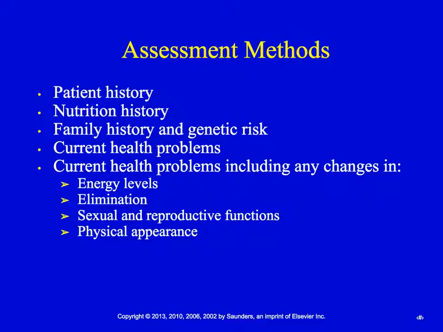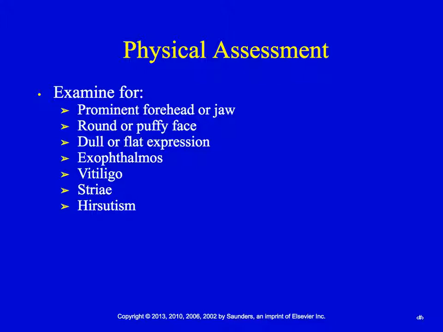Family history, any information about the medical status of family members, can help the healthcare provider determine a possible genetic or hereditary factor that may play a role in their disease. These are some of the physical assessments that occur with an endocrine problem. What I want you to do is become familiar with these terms. Make sure you define them.